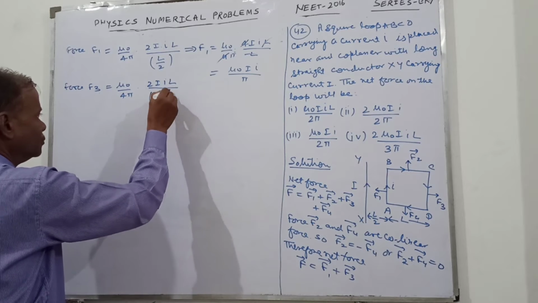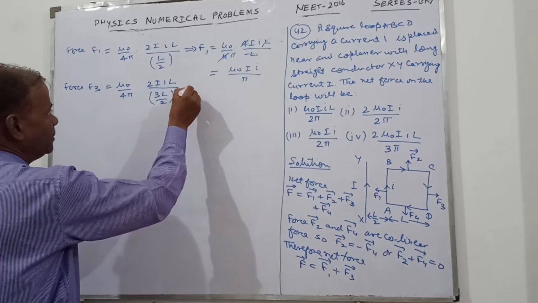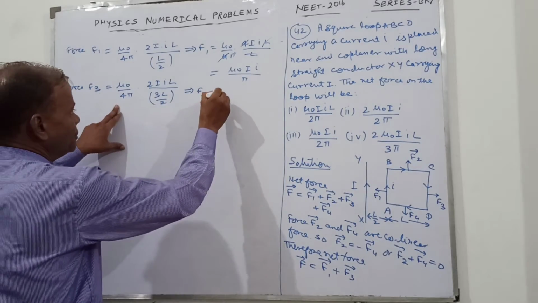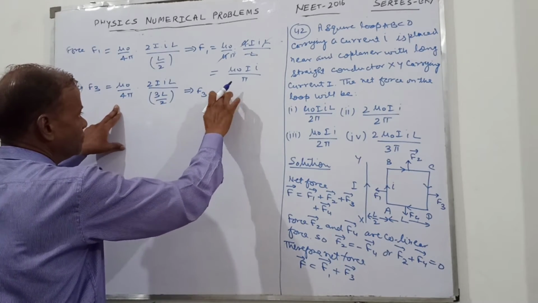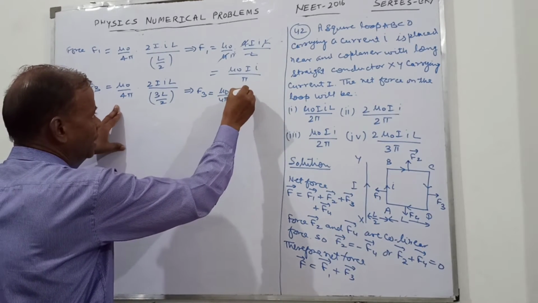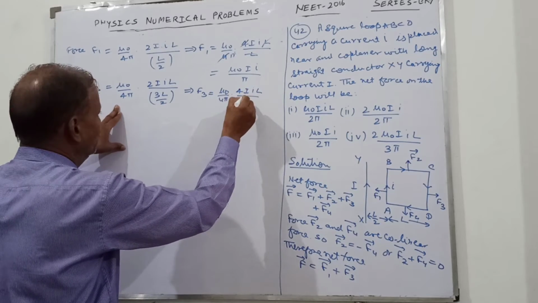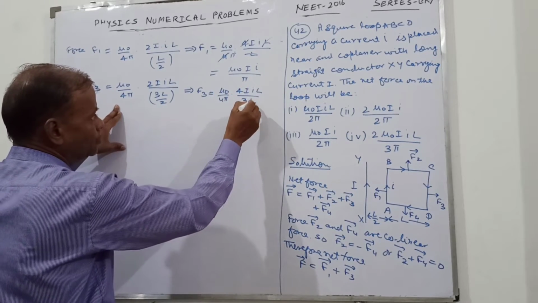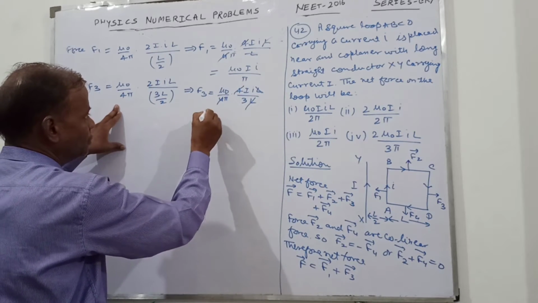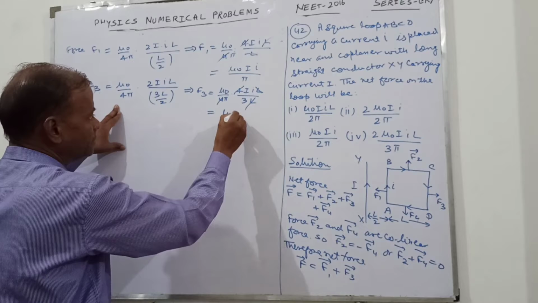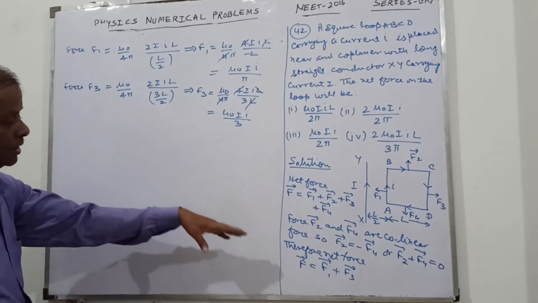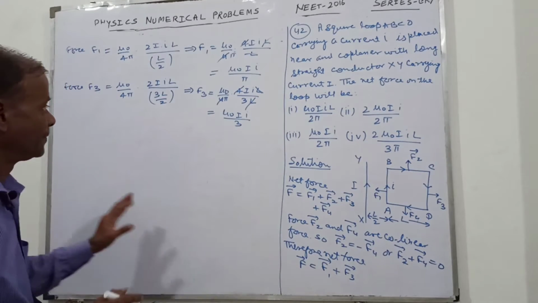So F3 is equal to mu naught upon 4 pi into 4 L upon 3L. So we cancel L with L and 4 with 4, and we are left with mu naught I into I upon 3.